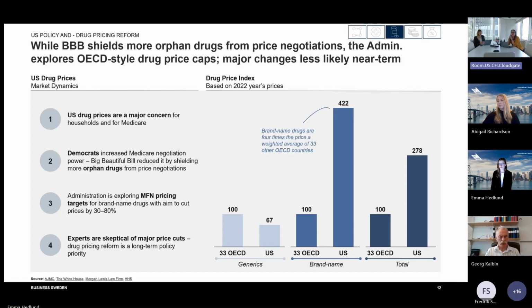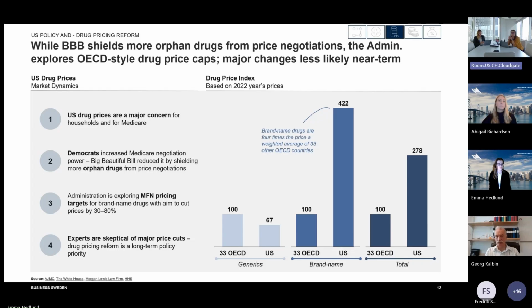And then most recently, so it's been going on over months, there have been different executive orders to this extent. And technically, the Trump administration or the White House itself does not have the power to set these pricing targets. So they are asking HHS and CMS, some of these institutions that are more the executive, to implement these targets towards pharma companies.